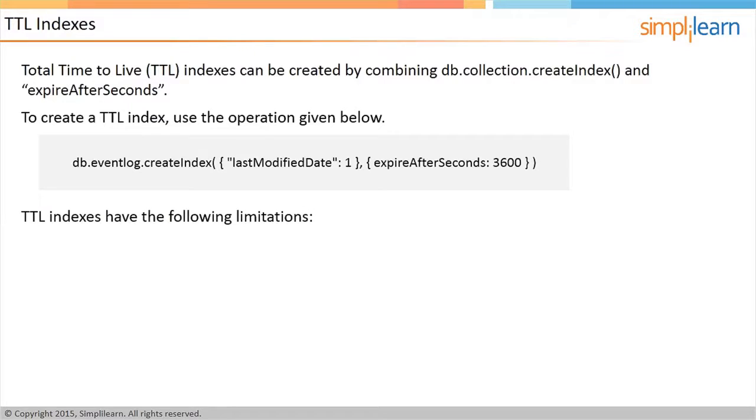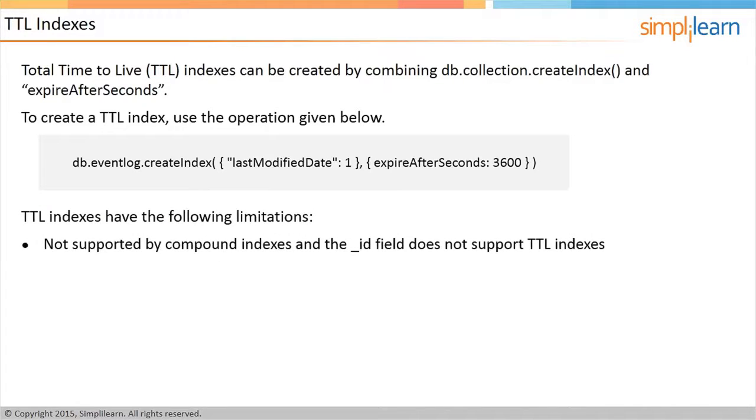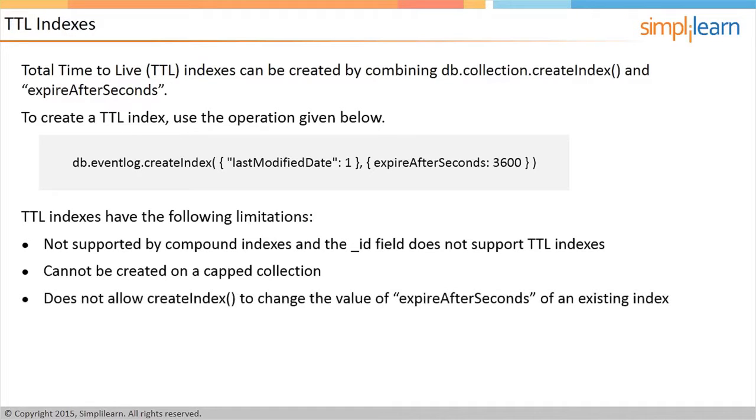TTL indexes have the following limitations. They are not supported by compound indexes, which ignore expireAfterSeconds. The _id field does not support TTL indexes. TTL indexes cannot be created on a capped collection because MongoDB cannot delete documents from a capped collection. It does not allow the createIndex method to change the value of expireAfterSeconds of an existing index.